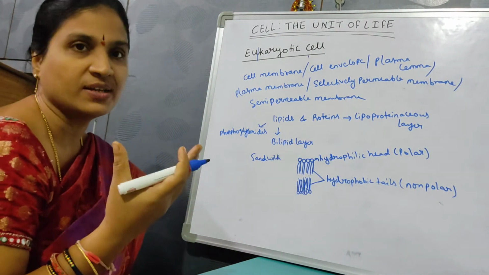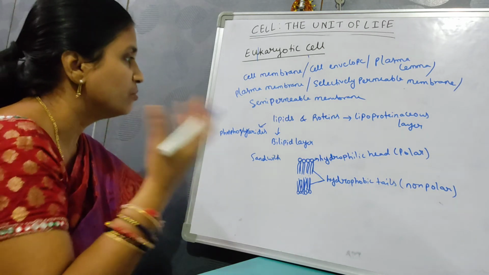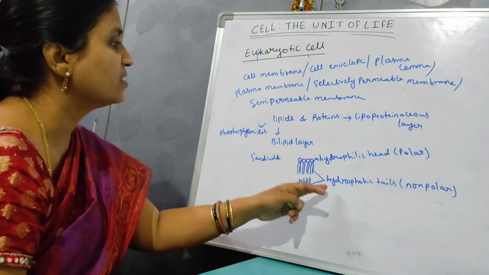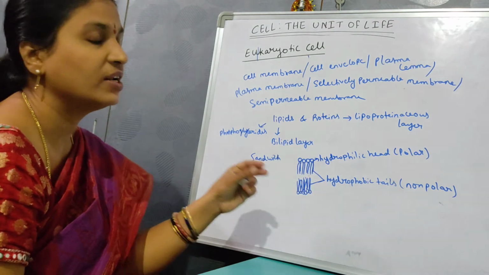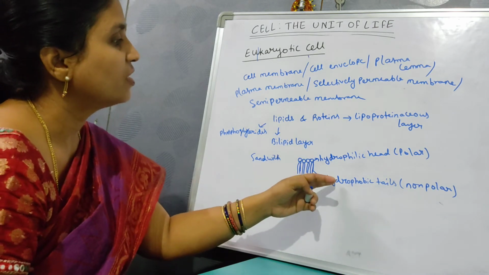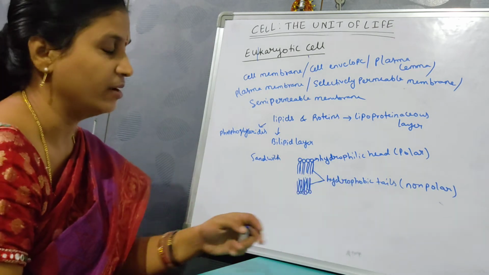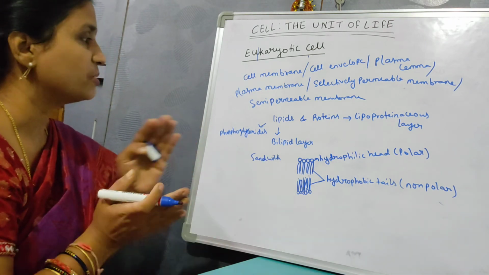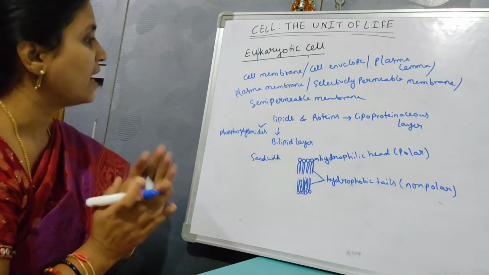They are aqueous, water-liking heads. Hydrophobic tails have more lipid content, having hydrocarbons. They are non-polar. This is about the bilipid layer, which is present like a sandwich.